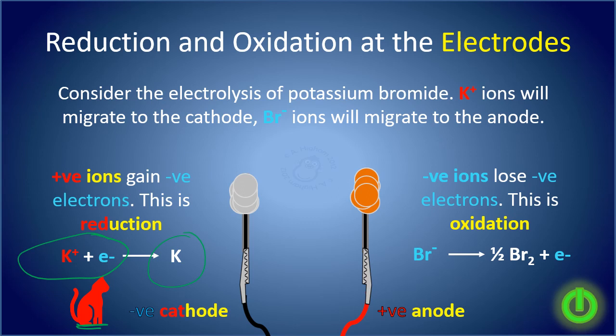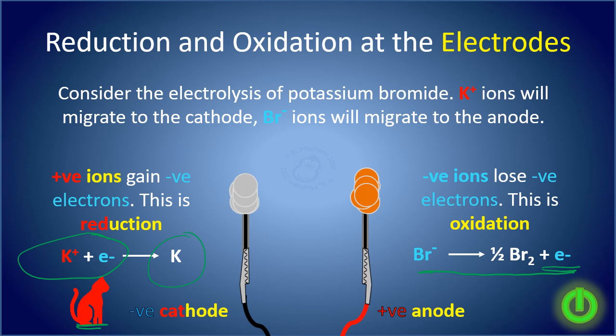So again, we're showing that the electrons are lost. The bromide ion has that negative charge because it's gained an electron to form the ion. We're reversing the process, turning it back into bromine, which is the element, and we show that by kicking out an electron.